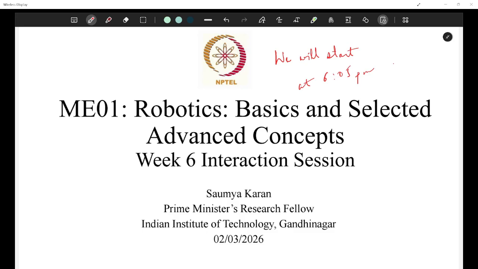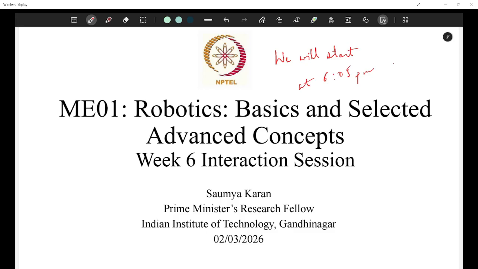There were a couple of examples from IISc Bangalore research. We saw a sun tracking robot using a 3DOF parallel manipulator, and then a Stewart-Gough platform for a force torque sensor. There was also something related to vibration isolation for the Stewart-Gough platform. I hope you are now much more familiar with parallel robots.